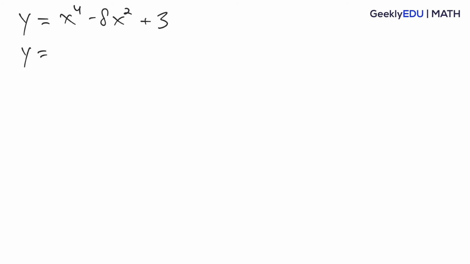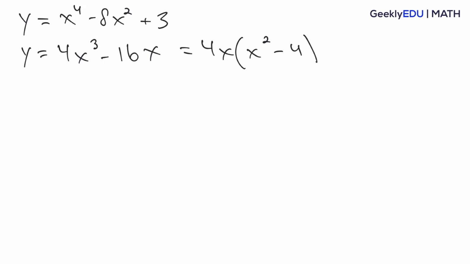So the derivative is 4x cubed minus 16x, because we multiplied by 2. And we can factor out 4x and rewrite it like this. Does that make sense?